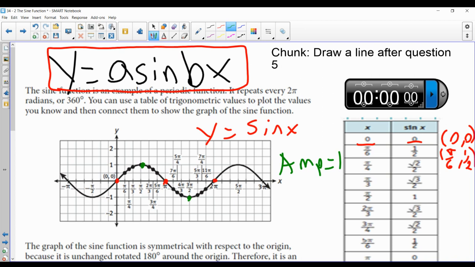If we look at the highest point from our midline, which is right now directly in the middle, if we count 1 up from our midline, we're at the highest point. If we count 1 down from our midline, we're at the lowest point. And we have a midline at y equals 0. That is the middle of the graph.